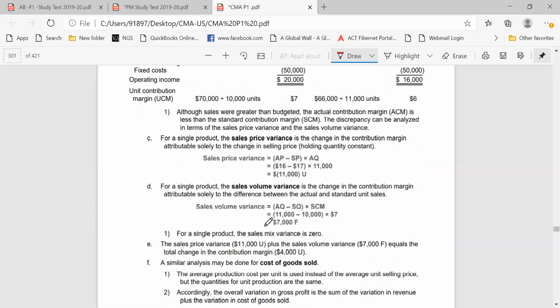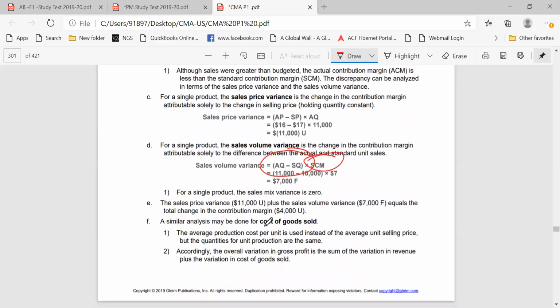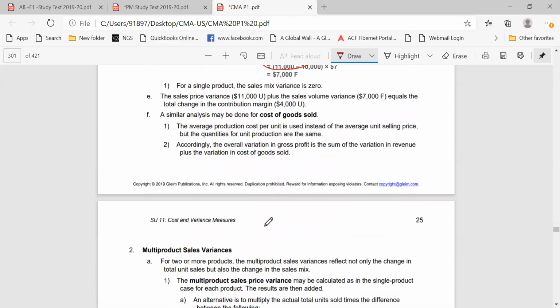So what you do is actual price minus standard price multiplied by actual quantity, sales price variance. Same goes here for volume: actual quantity minus standard quantity multiplied by standard contribution margin. Here comes standard contribution margin, not with the price, with this volume variance. All right, I hope you guys are getting this.